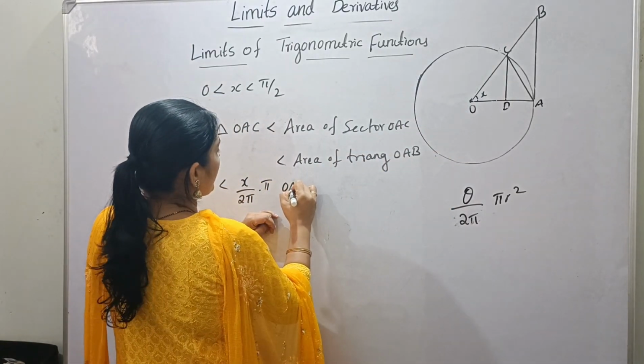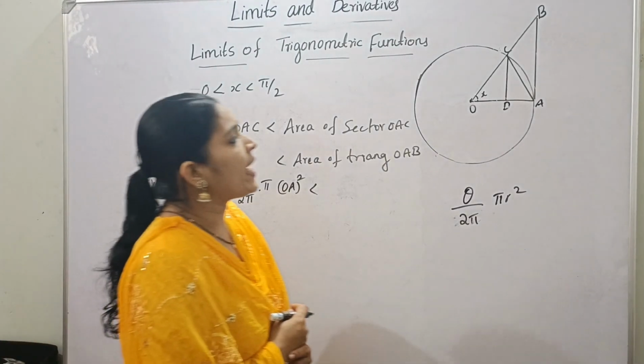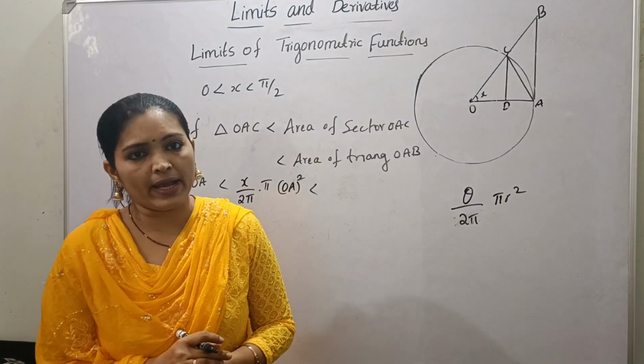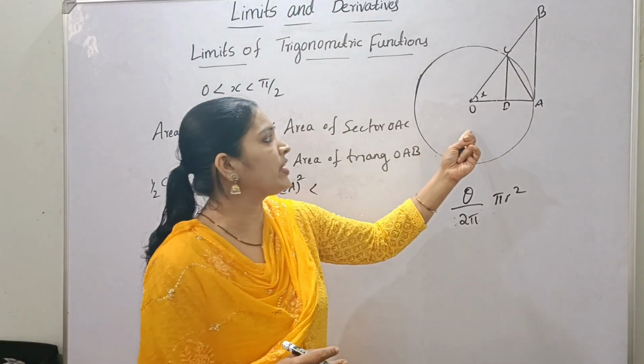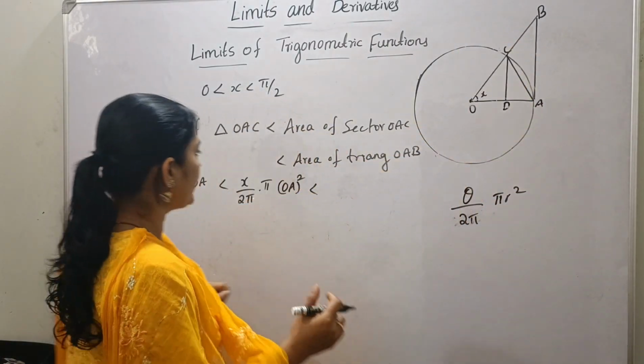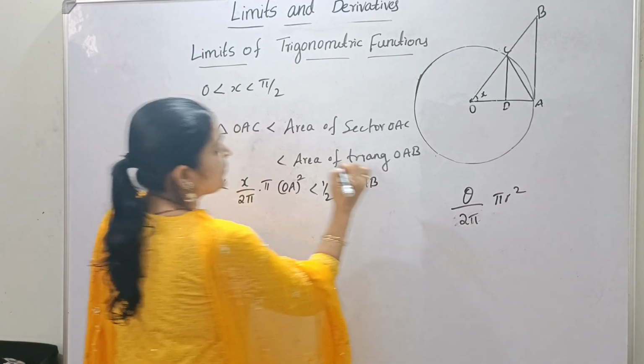So OA square. That is less than the area of triangle OAB. Triangle OAB is a right angle triangle, so directly we can write half into OA into AB, where AB is the height.